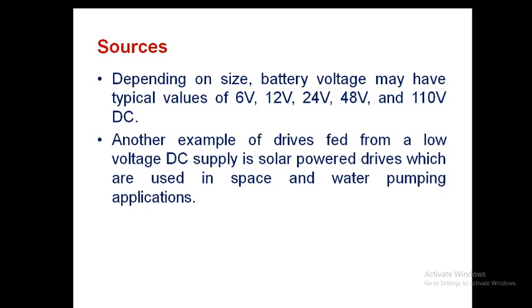Whereas in water pumping applications, nowadays we can find many in the agriculture field with solar powered water pumping systems. You can even find many research papers on this. Generally they place only a few panels near the water pumping motor, and they achieve this objective.